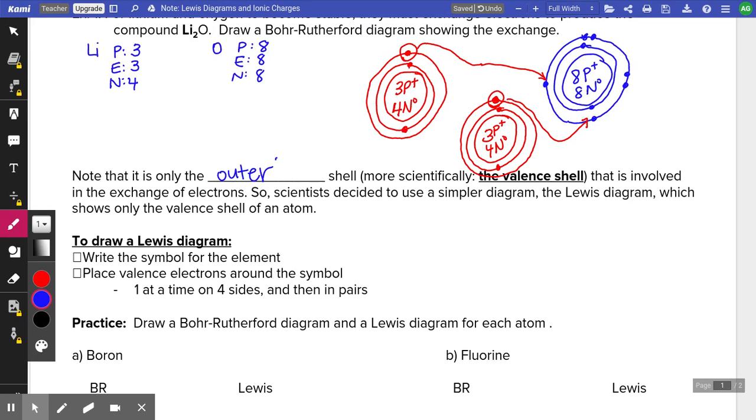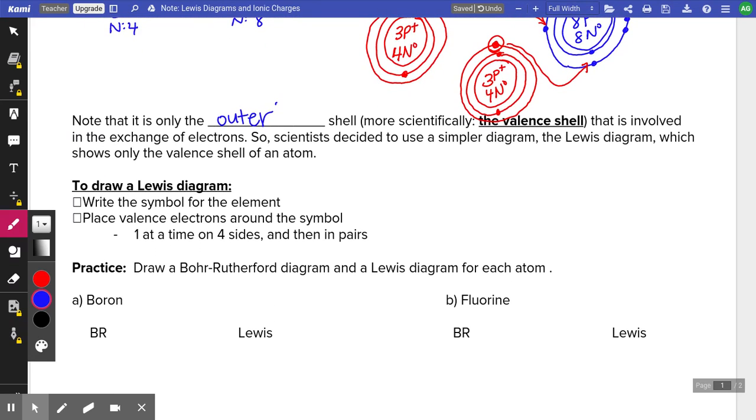Not me. Okay, so how do you make a Lewis diagram? Again, this is probably review. You write the symbol for the element and you put the valence electrons around it. Okay, and it's kind of in the same style as a Bohr-Rutherford diagram, so you should still have kind of like pairs of electrons, but it's just points for the electrons.